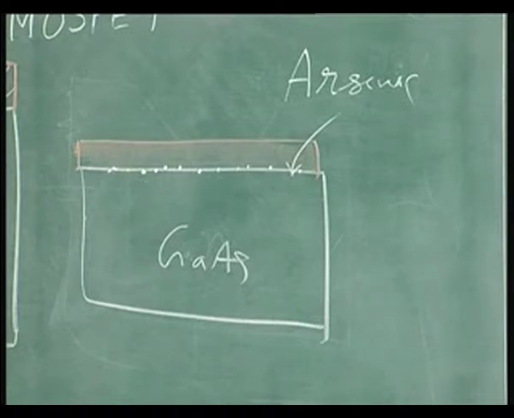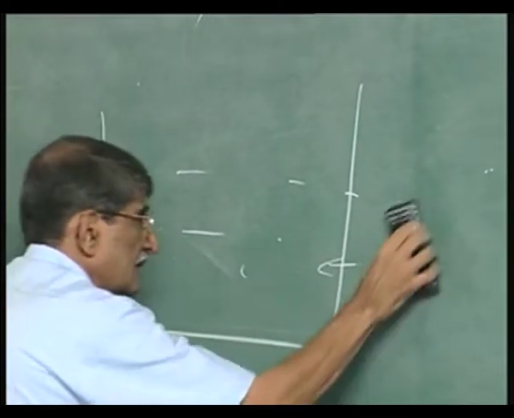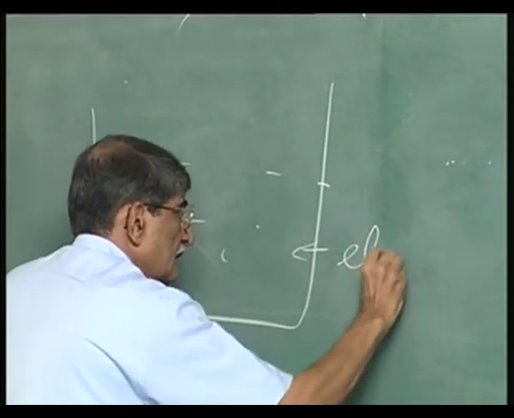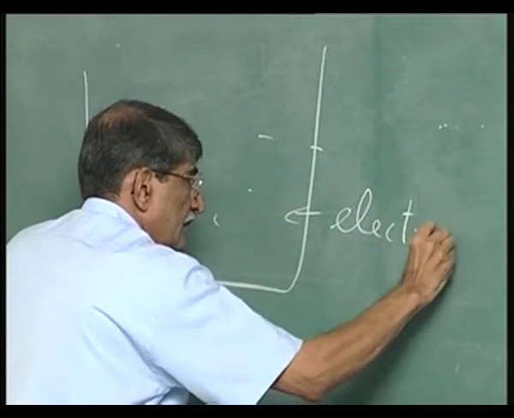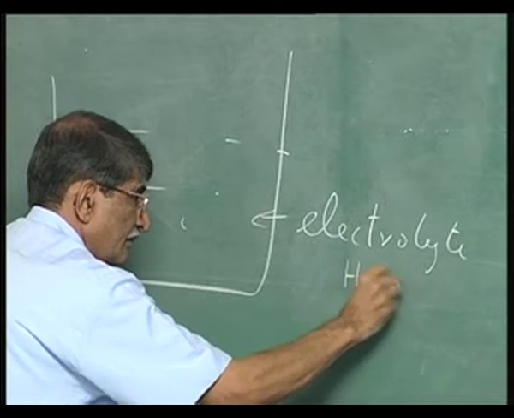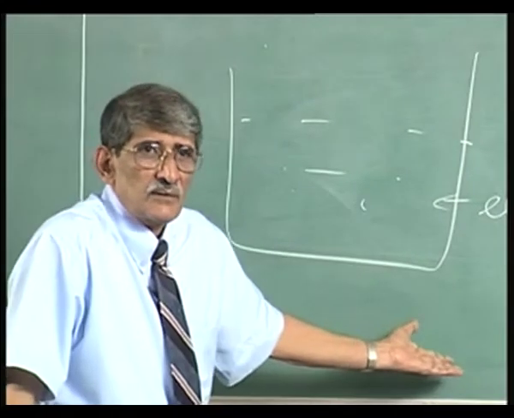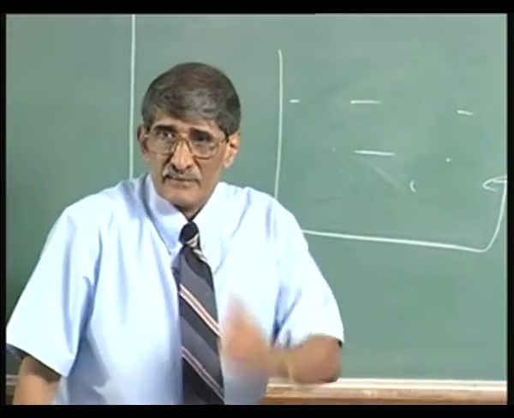All that you need is take a beaker, put an electrolyte which contains, in fact H2O virtually, or you can use ethyl alcohol or things like that which contain OH.